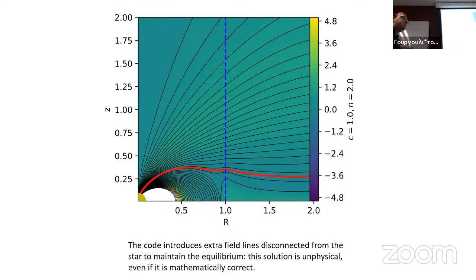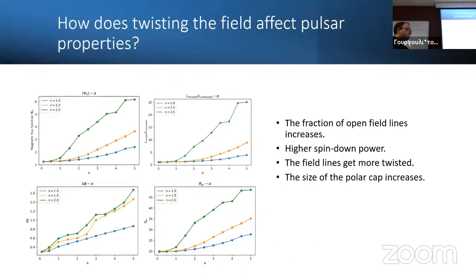So while this is a mathematically and numerically acceptable solution, it's not physical, because this region has field lines that are not connected to the star and they are rotating. Maybe you can have this region as a plasmoid for a short time, but if you want the system to relax to some equilibrium, you can't have twisted things that are not connected to the star.